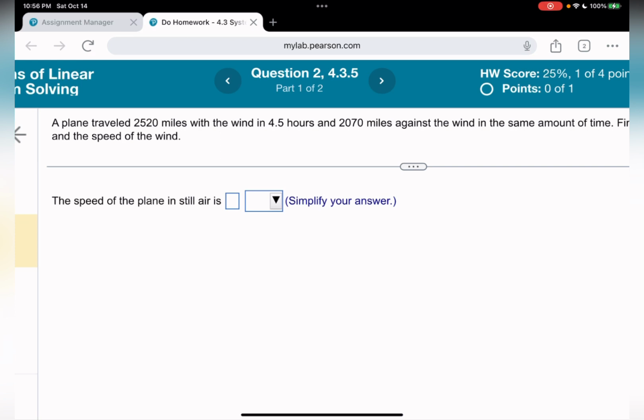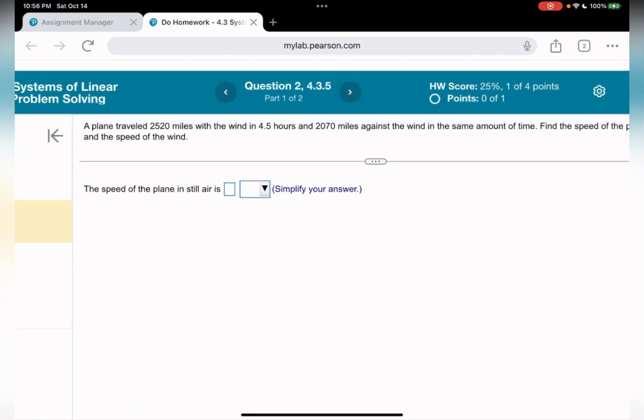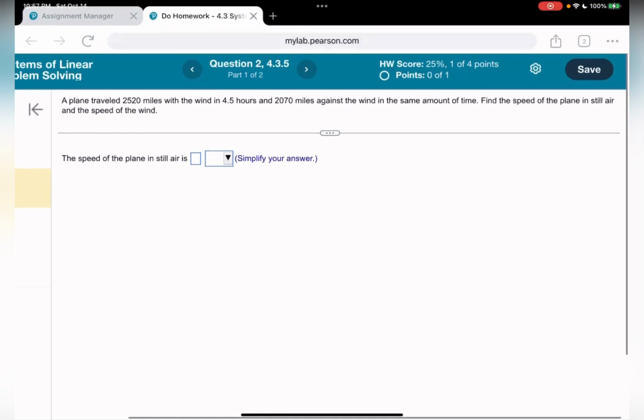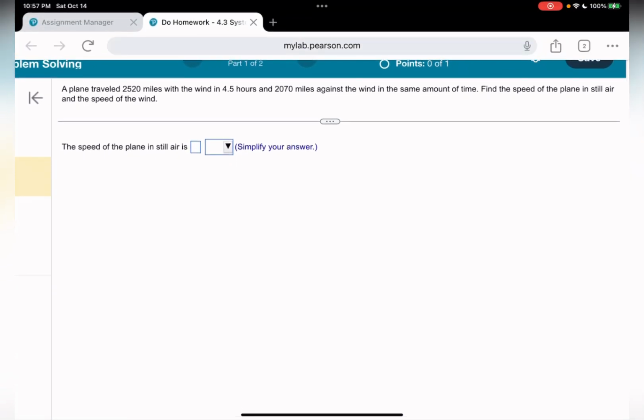So, a plane travel, and let me take a picture of this word problem so I can move it to my note and start solving.